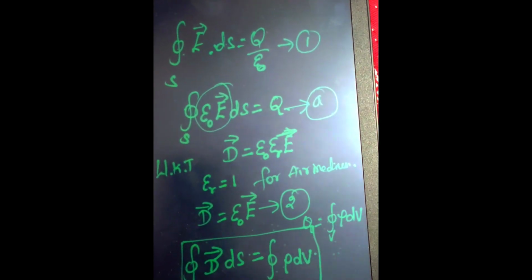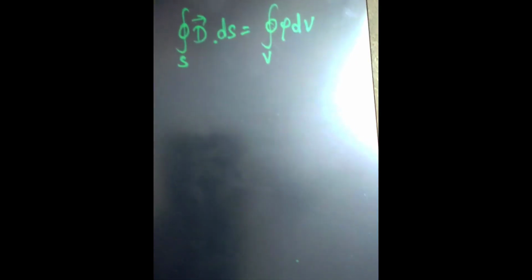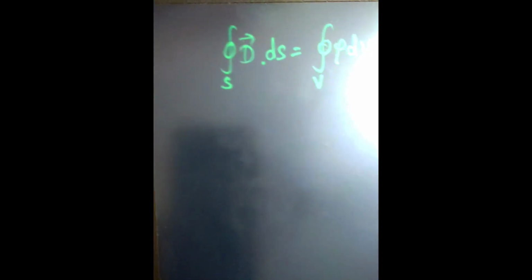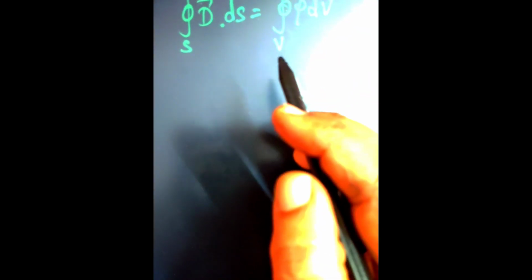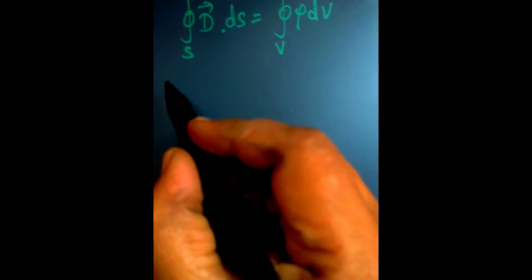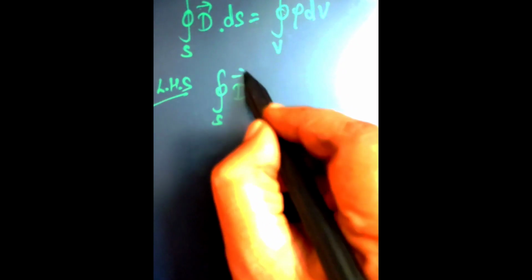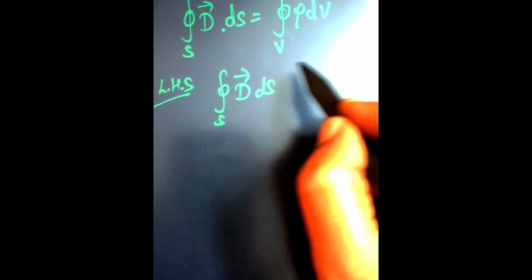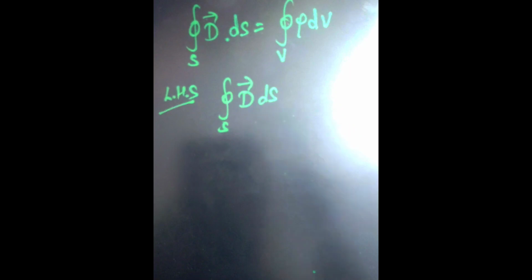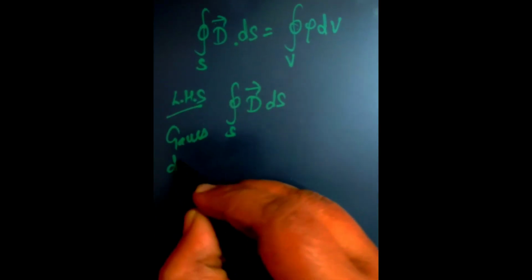Next, using this, Maxwell's equation in differential form can be found. By applying the integral form of Maxwell's first equation, we are going to simplify the left hand side term. The surface integral of D vector dot ds is converted into the volume integral using the Gauss divergence theorem.